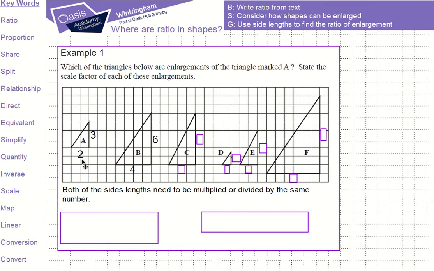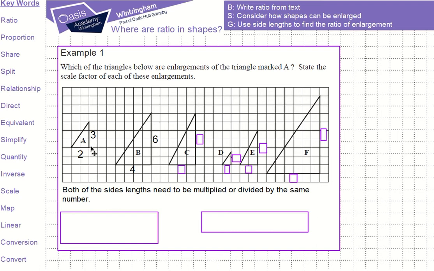Let's have a look at the base. Here on shape A it's 2, and on shape B it is 4. What have they done to 2 to get to 4? Well, 2 multiplied by 2 is 4, so we could say that A has been multiplied by 2. And then we need to check on this side as well.